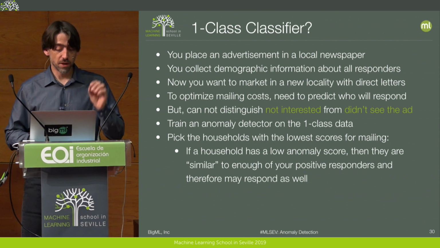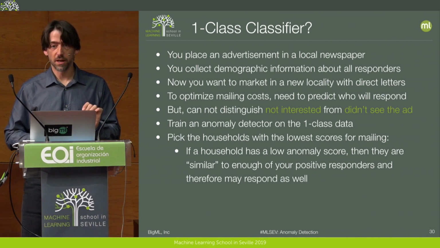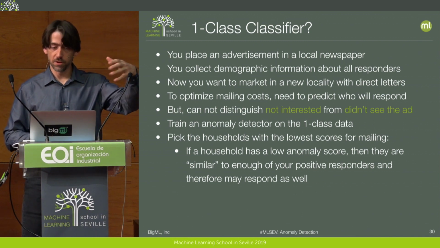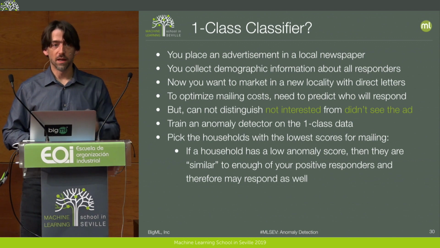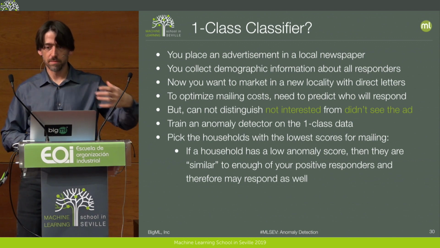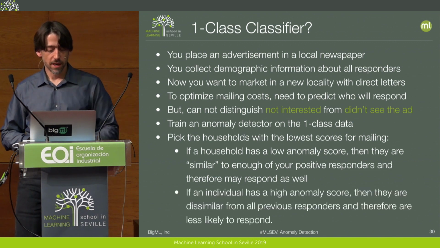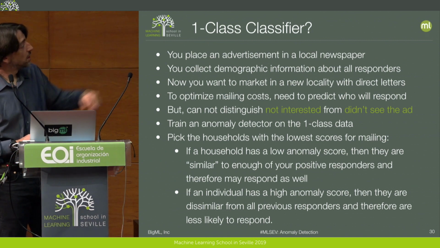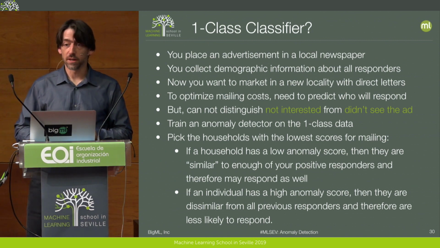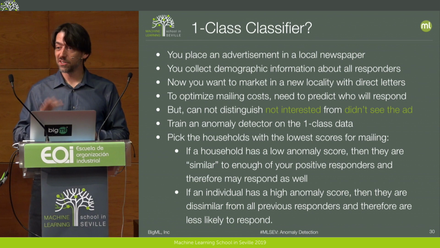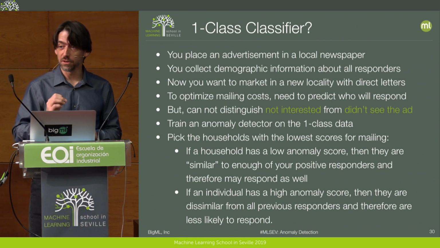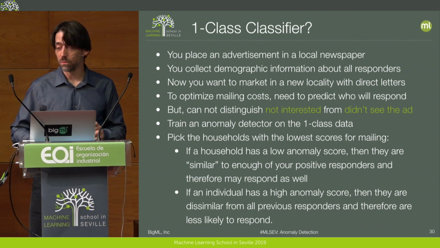If a household has a low anomaly score, then they are similar to enough of those people that responded positively. Because remember, our data set has a label that says these are all the people that responded. And if my demographic information matches, they're going to have a low anomaly score. And all the people with the high anomaly scores don't match, and therefore are less likely to respond. So I can kind of be sneaky and use an anomaly detector like a predictive model for one class.